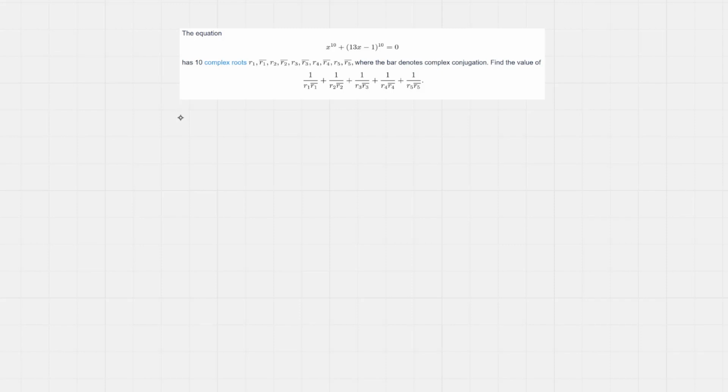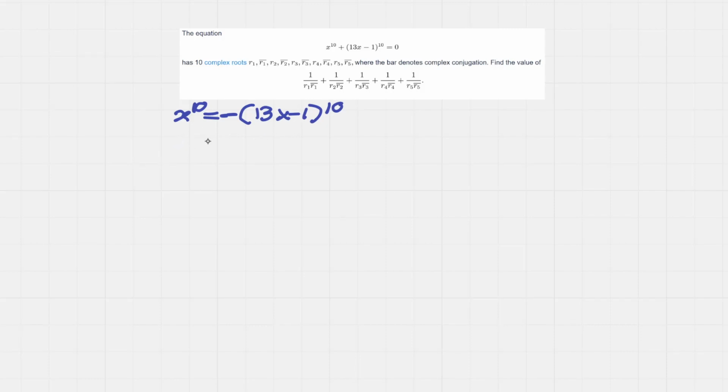So let's just start off by rewriting what we're given. We have x to the 10 equals negative (13x minus 1) to the 10.